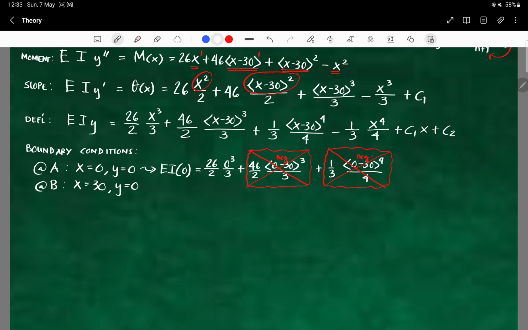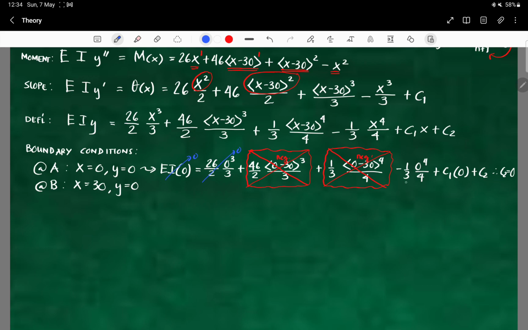Next. Minus 1/3. Yung x is 0. So, 0 to the power of 4 over 4 plus C1 times 0 plus C2. So, thus, C2 natin is equal to 0. Okay? Kasi kung titig naman dito, this one is 0.